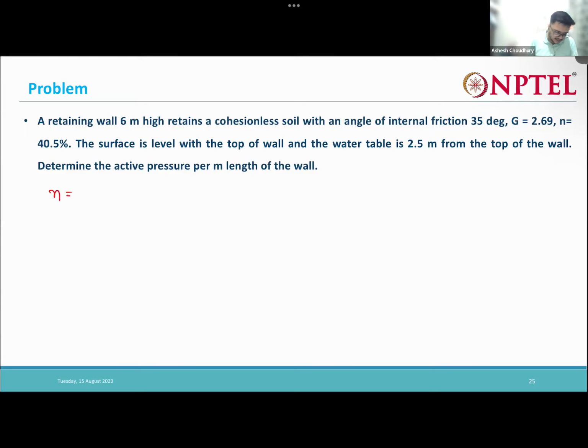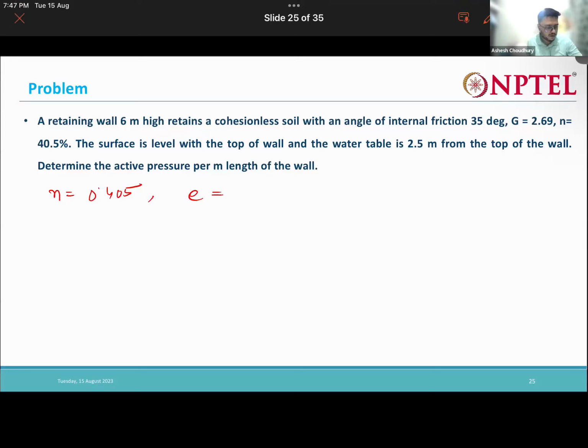First, N is given as 0.405. From that, you determine e, the void ratio. First of all, determine the void ratio. Let's try to recall the relation between e and n, the void ratio and porosity.